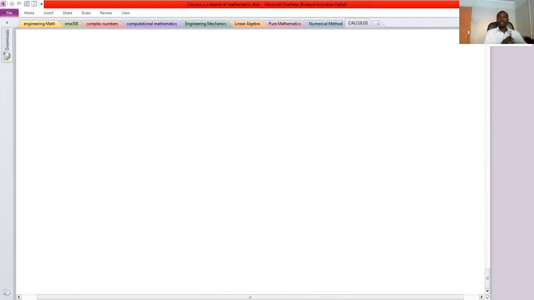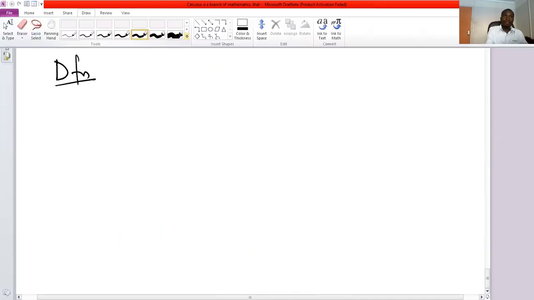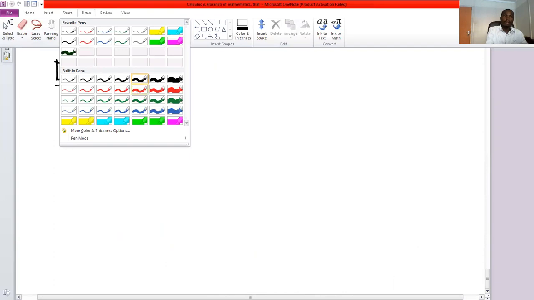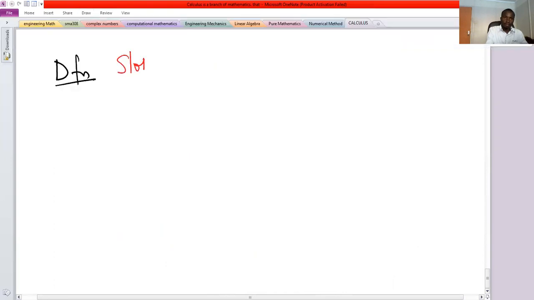Before giving the formal definition of a tangent line, let's define what we mean by the slope of a curve. So definition. Let's define what we mean by slope of a curve.